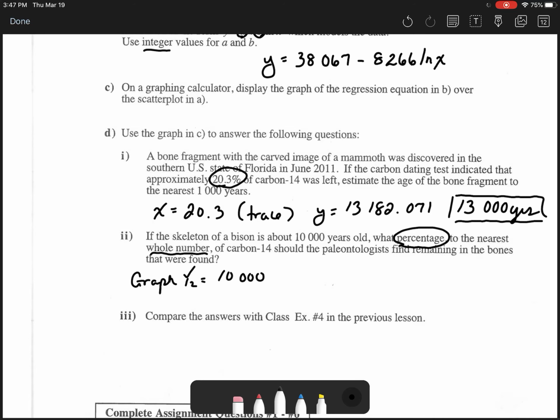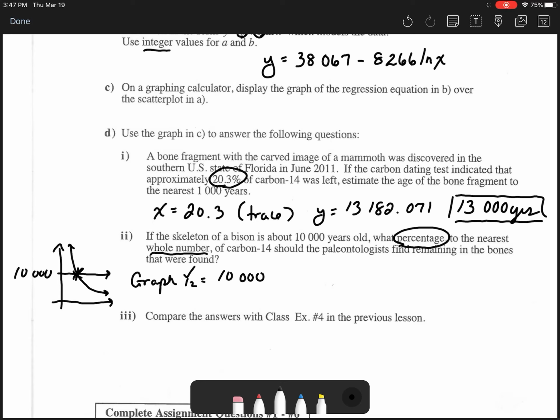They are looking for the x here. Once that 10,000 is graphed on my grid, I'm going to have the natural log function, and then some kind of constant that is graphed at 10,000. I'm looking to see where those two graphs meet.